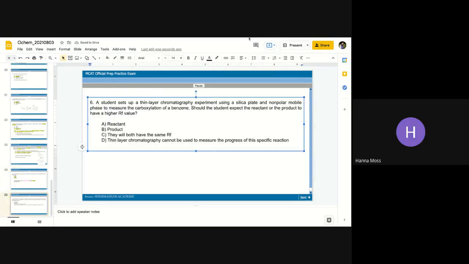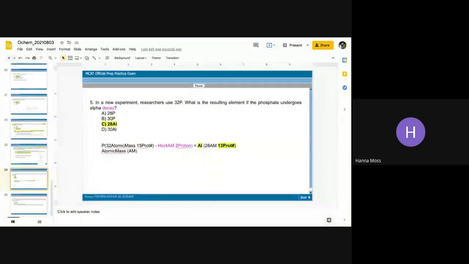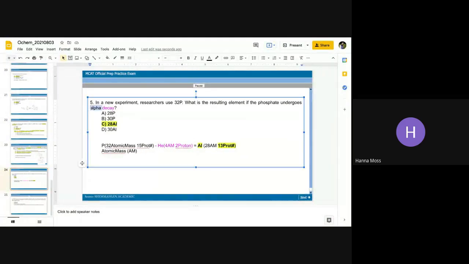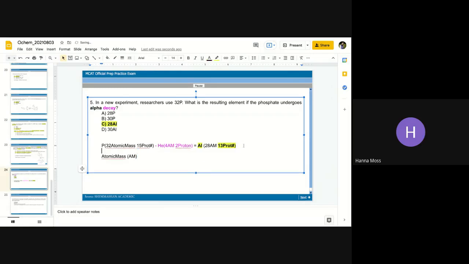Yeah, I have a question on that last one. I just know alpha decay is just like A minus 4 and Z minus 2. I learned it as A minus 4 and then Z minus 2.